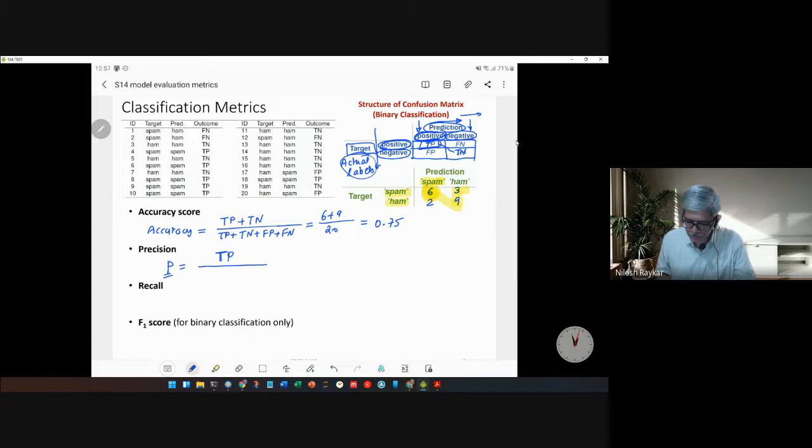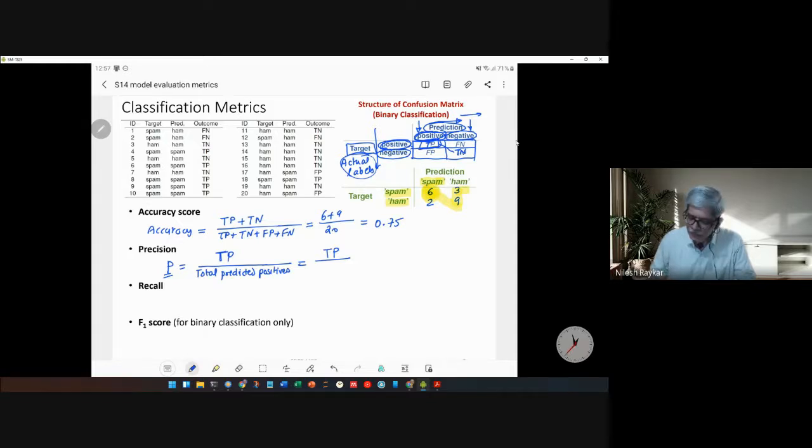That is, how many times it predicts it as faulty. On the denominator, you have the total predicted positives, which is nothing but TP divided by the total predicted positive.